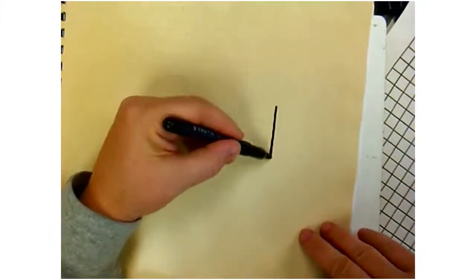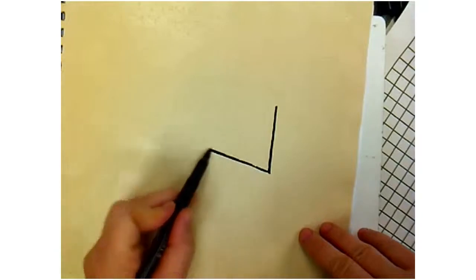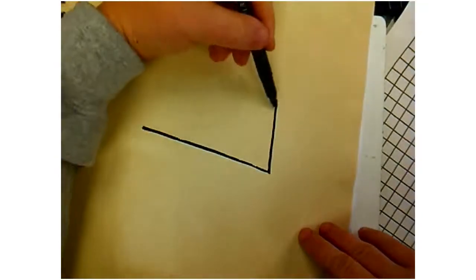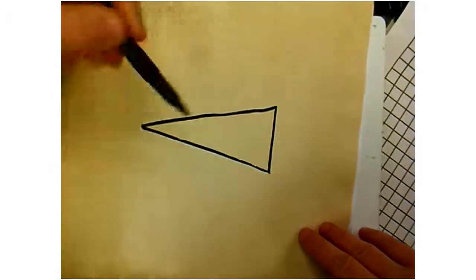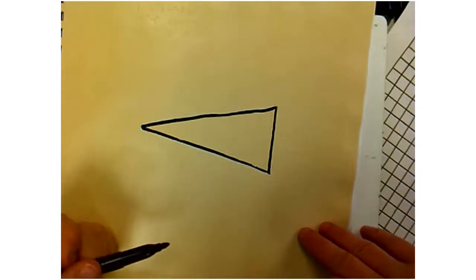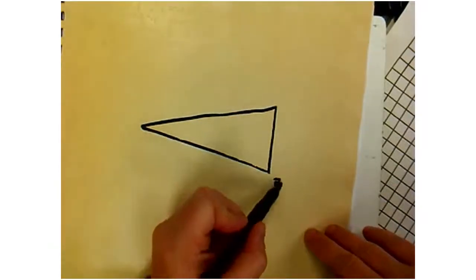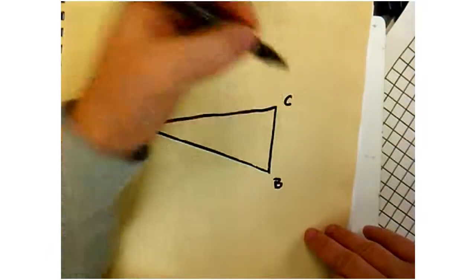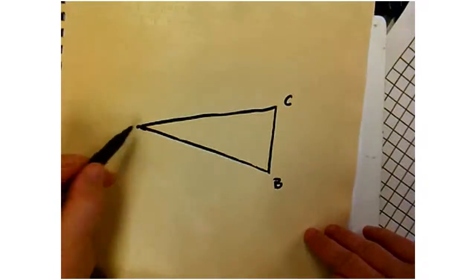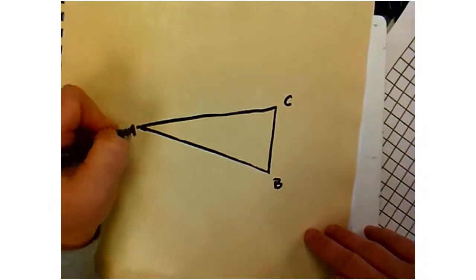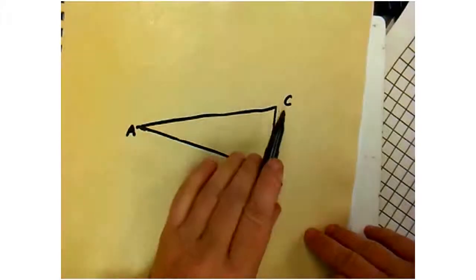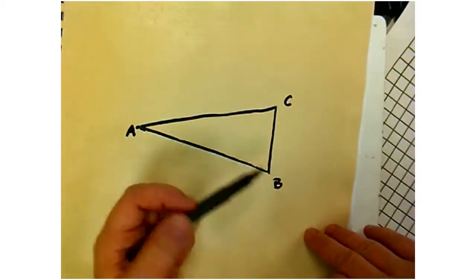190G. All right, it says triangle ABC is an isosceles triangle with a base of BC. So notice the base, it doesn't have to sit on its base. It can be floating out to the right there. So A is to the left, C is top right, B is bottom right.